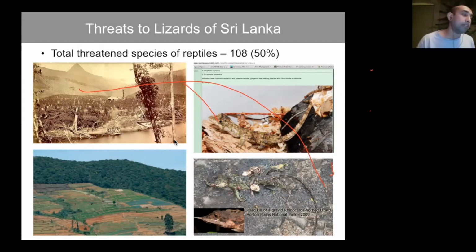The biggest issue is that these lizards are illegally collected from their natural habitats. That puts a huge pressure on their natural populations because they are extremely slow breeders. Right? So removing adult individuals from the natural habitat is a huge problem.